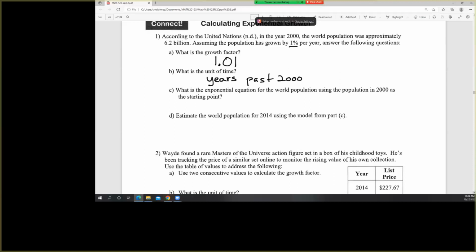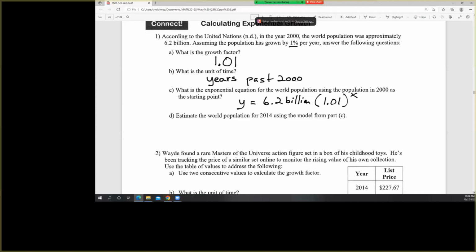So that 2000 is going to be our starting point. So we've got our 6.2 billion. And if you can remember to write billion at the end, you could probably leave that off, but I don't trust myself, so I'm putting it in there. 1.01, and then you could call that X or T, but that's where your time gets plugged in.